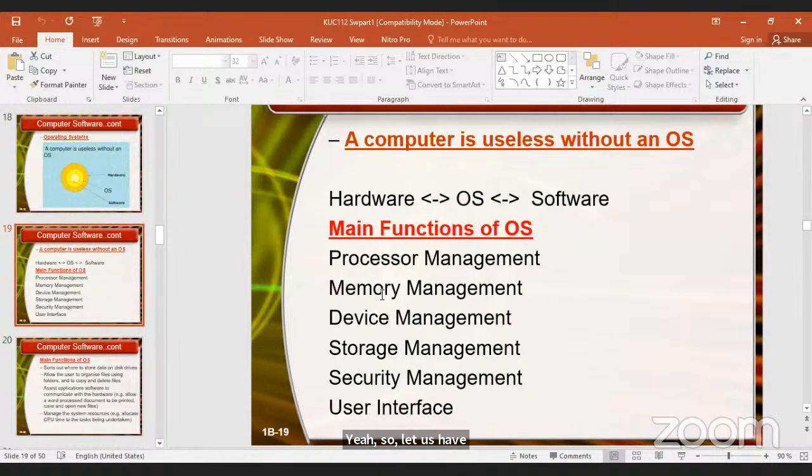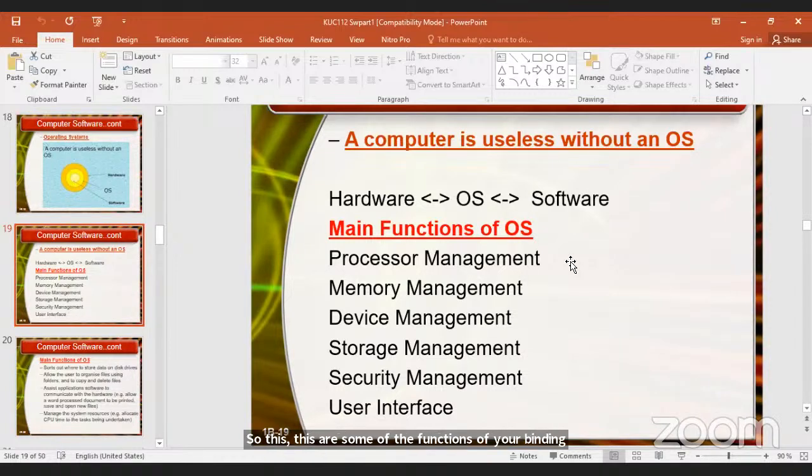Yeah, so let us have some look at the functions of an operating system. So what are some of the functions of the operating system? I have displayed them on the screen. You can write them down, please. Functions of the operating system. Sorry for that, Levi. I paused a bit. So these are some of the functions of the operating system.